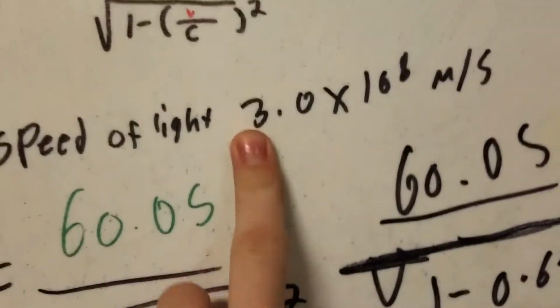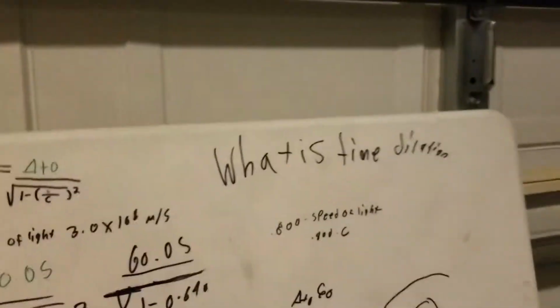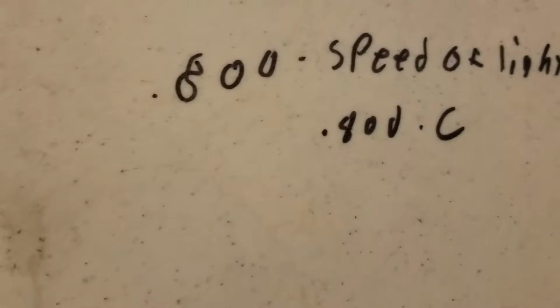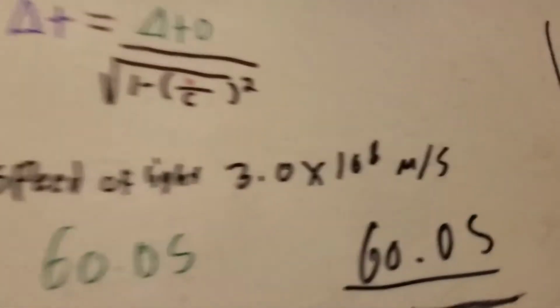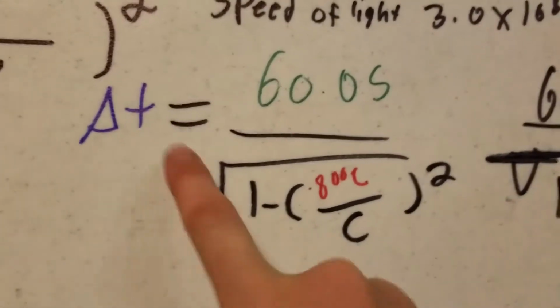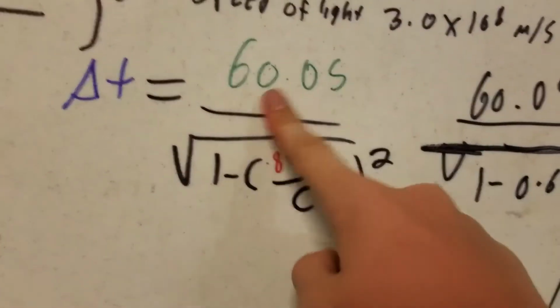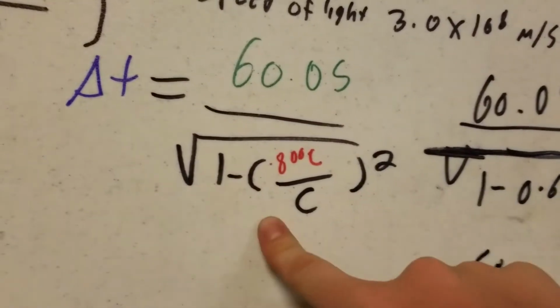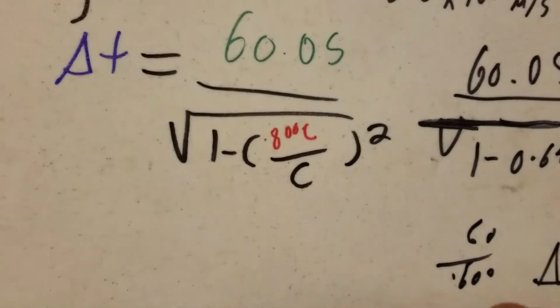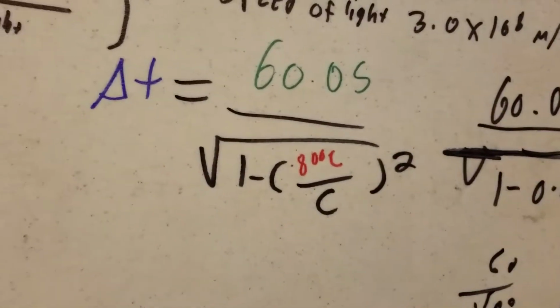Okay, so now we take into account what our problem said. It's 0.800 the speed of light, 60 seconds. So, we have observer time equals 60 seconds over the square root of 1 minus 0.800 speed of light over speed of light squared.